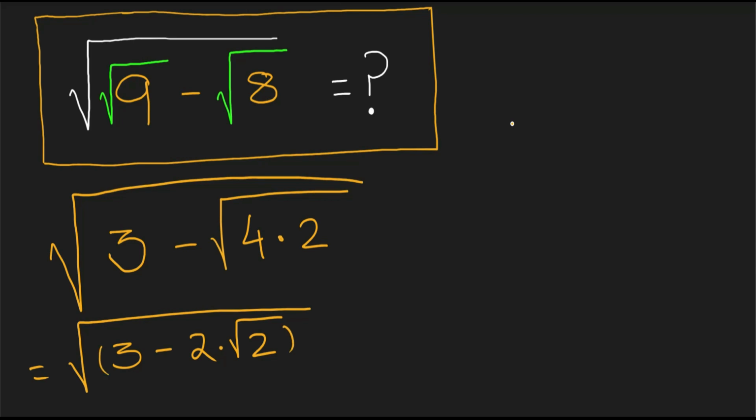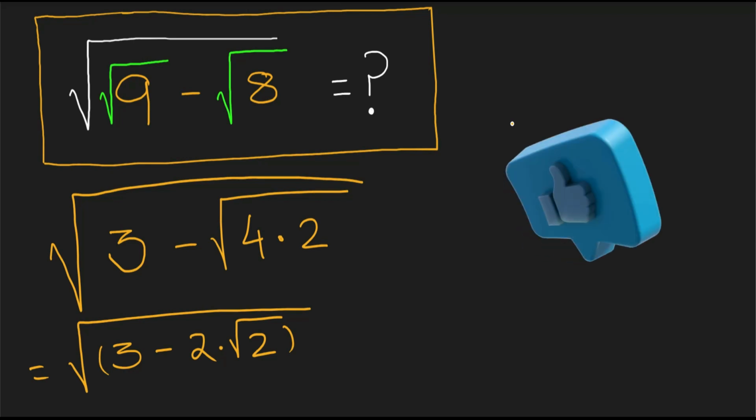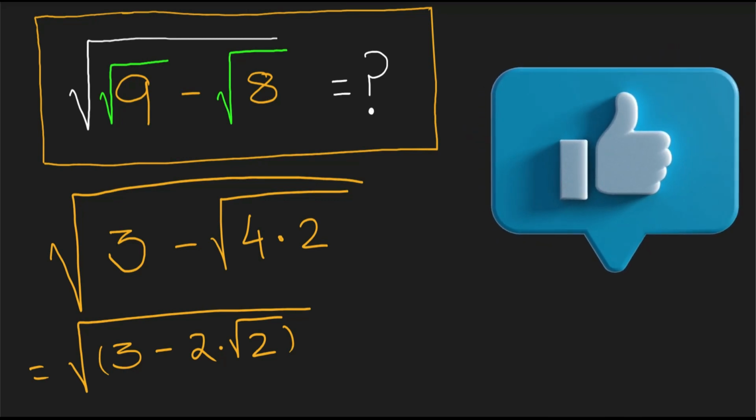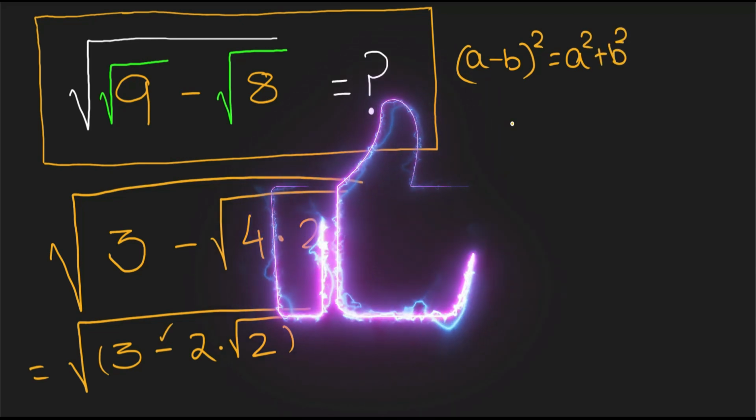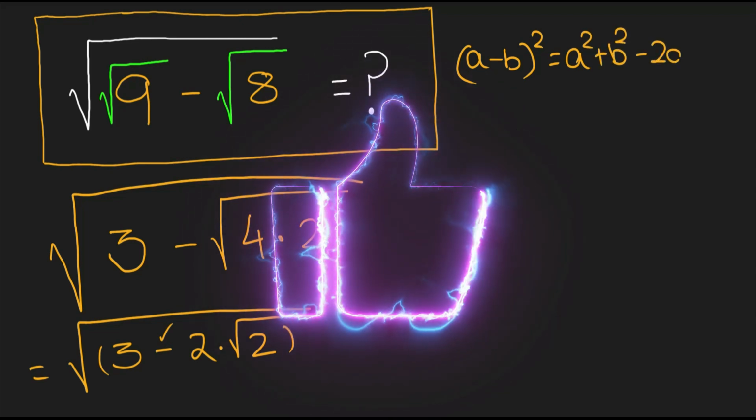It means if we can represent this number with some square, then we can easily find the square root of that square. As we are able to see one negative sign here, we can think of a formula, that is (a minus b) whole square is equal to a square plus b square minus 2ab.